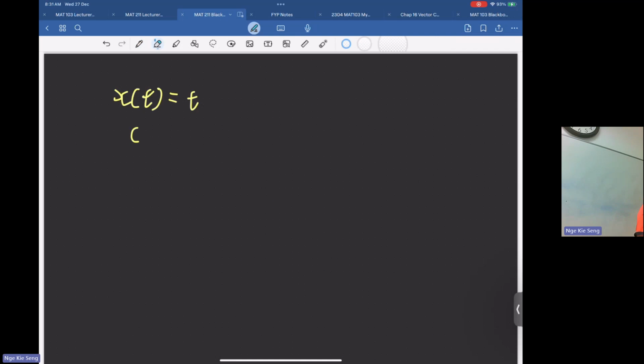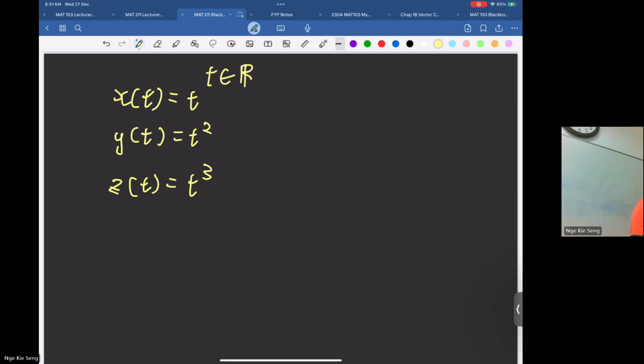Yeah, the parametric equation. This is what I'm teaching in the other class. What is this? Let's say all of them live in R. T lives in R. X, Y, Z also live in R. So what object is this?